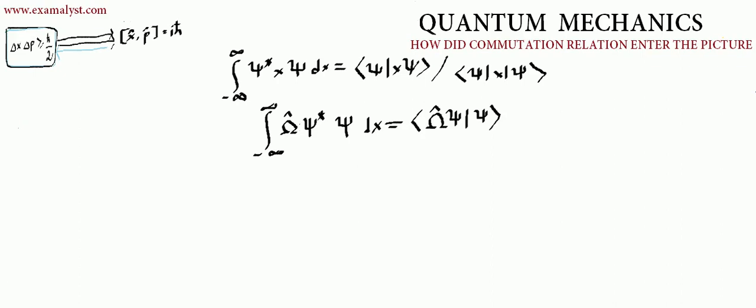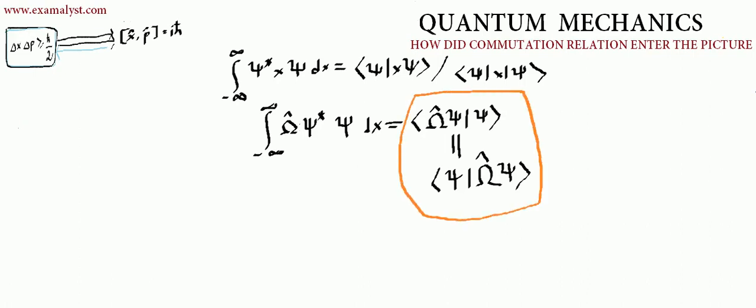Agreed? Now an interesting thing about the operators in quantum mechanics is that this is equal to this. It means it is the same as omega acting on the bra or omega acting on the cat side. It is the same. So these types of operators are called Hermitian operators. Agreed? All the operators in quantum mechanics are actually Hermitian, and they satisfy this fundamental postulate.